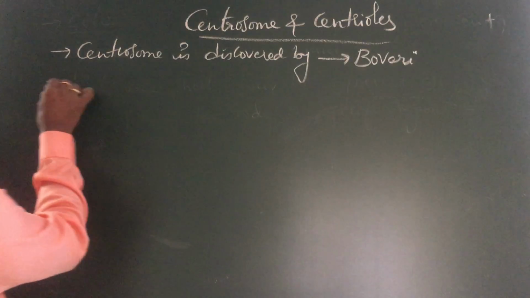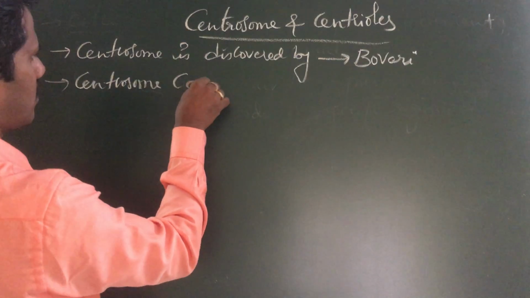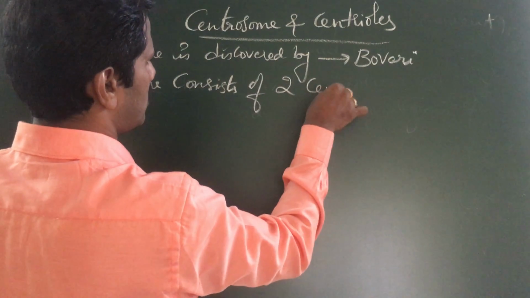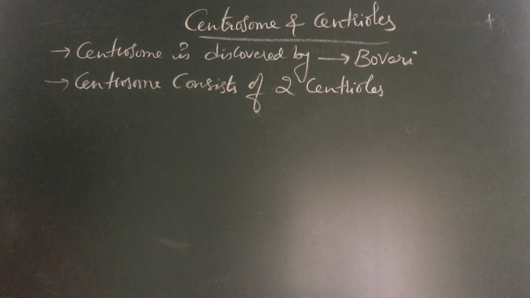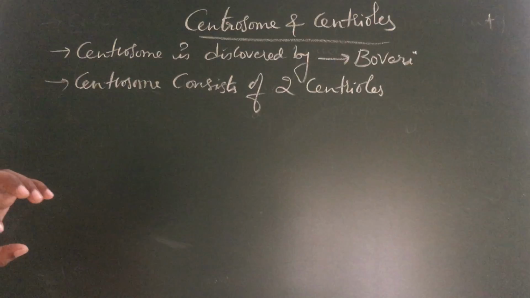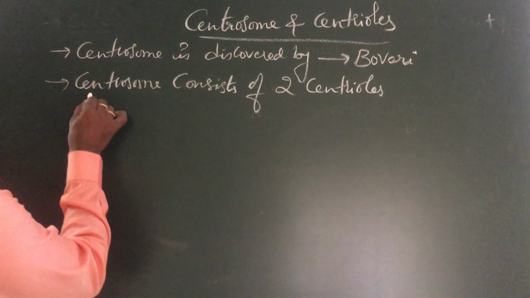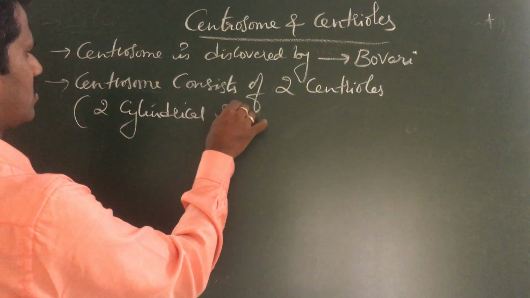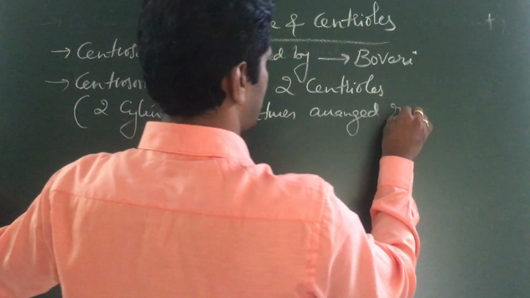So each centrosome consists of two centrioles, two cylindrical structures arranged at right angles to each other.